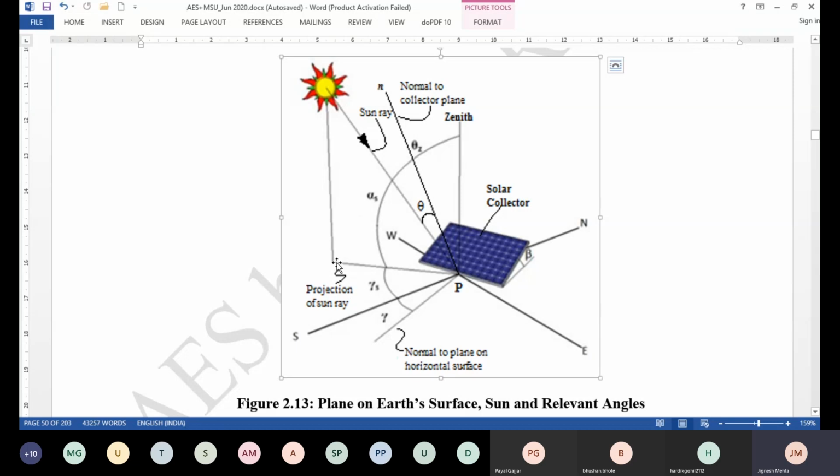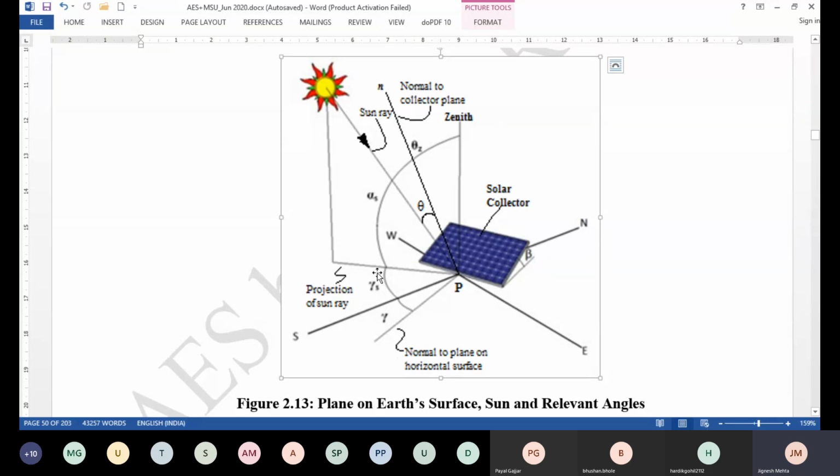So in that case, this will not coincide with that north-south line, or the sun is not exactly towards the south direction, and it's making an angle gamma s, which is called solar azimuth angle, gamma s. As you can see, this line is on the west side of south, right?